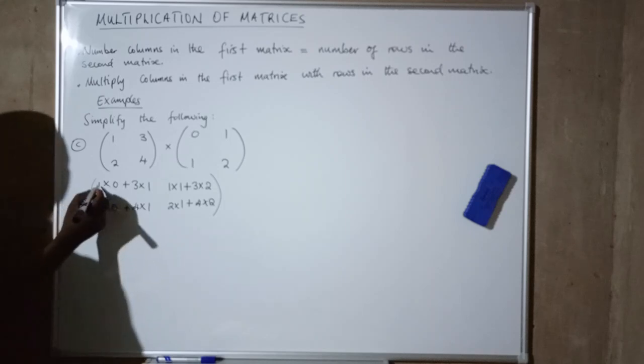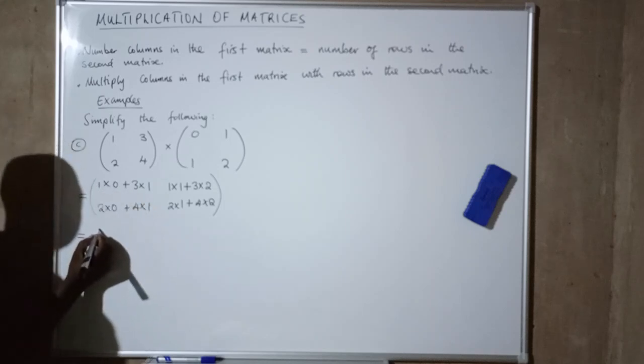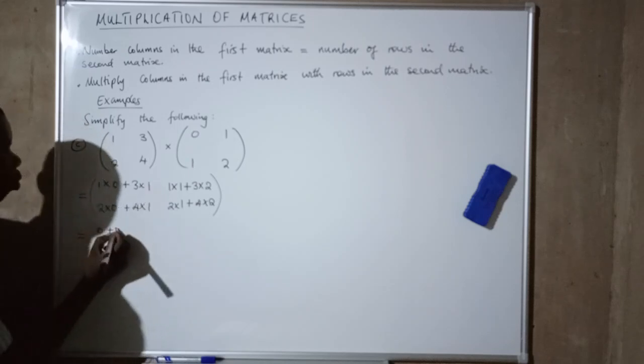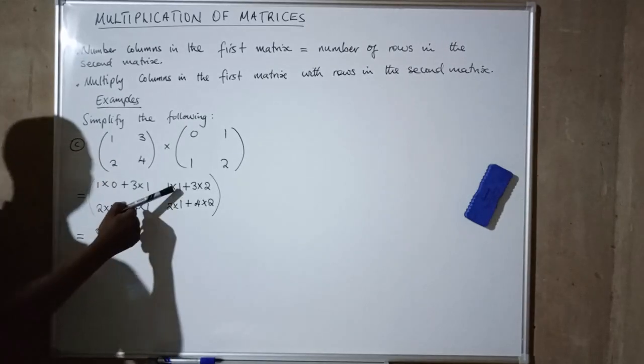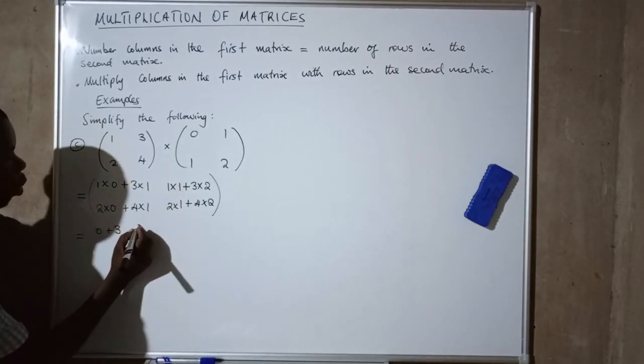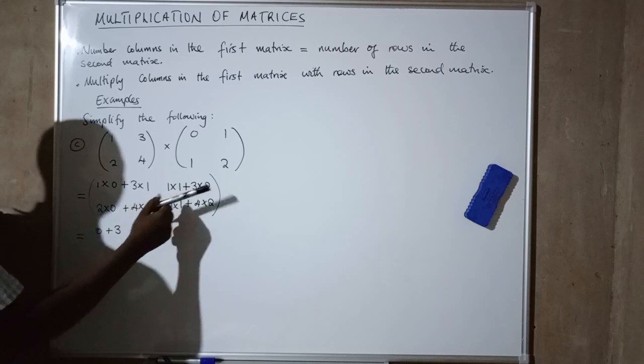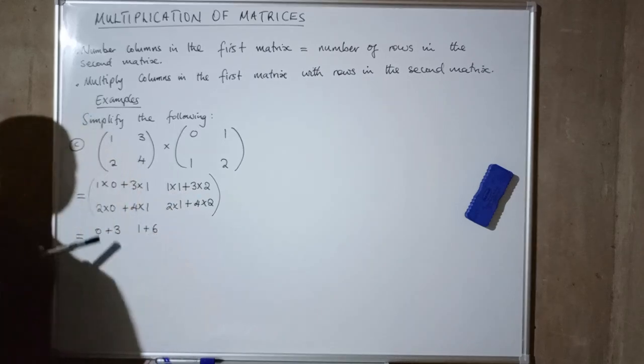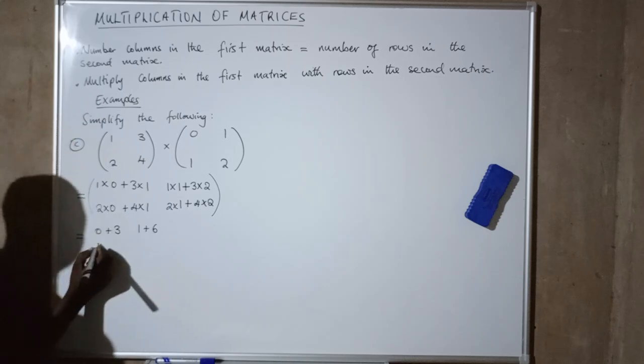So you say 1 times 0, 0, then plus 3 times 1, which will be 3. Then here 1 times 1, which will be 1. Okay? Then 3 times 2, which will be 6. So plus 6. Then here 2 times 0, it will be actually 0 plus.